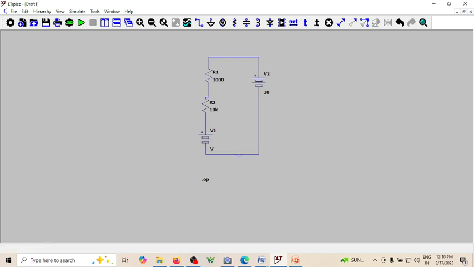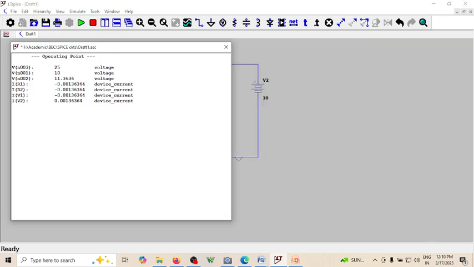Sorry. If I do a dot op and get the current flowing through them, let me do it. So current should be 1.36. You can see you have minus 1.36 milliampere. Why it is minus: because the resistors are connected reverse, and the other voltage is 11.32 volt.